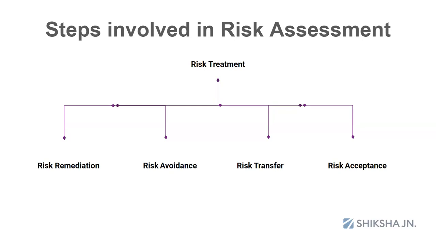Okay, first thing, risk remediation. Risk remediation is when there is a risk which we have identified. That risk needs to be remediated now, fixed and resolved now. When you resolve a risk, provide a perfect solution, and run it on the same platform, that procedure comes under risk remediation. And risk avoidance.